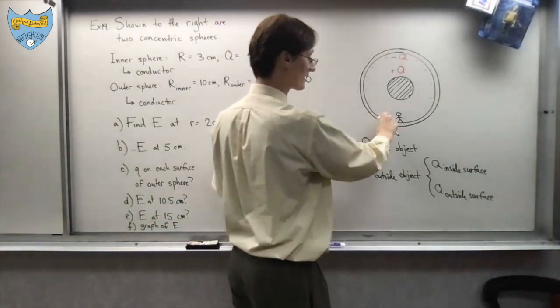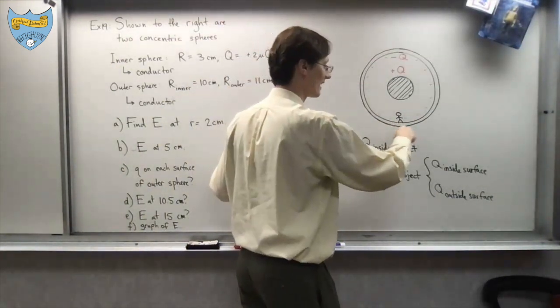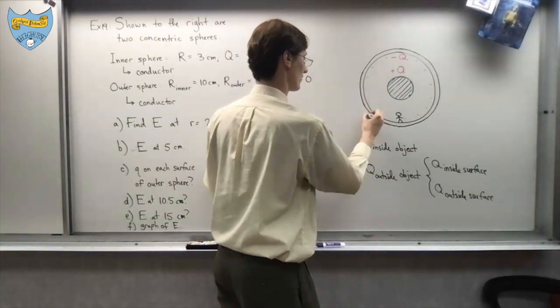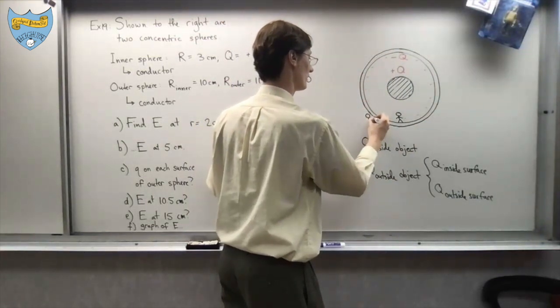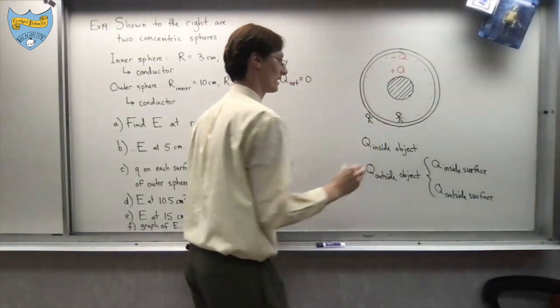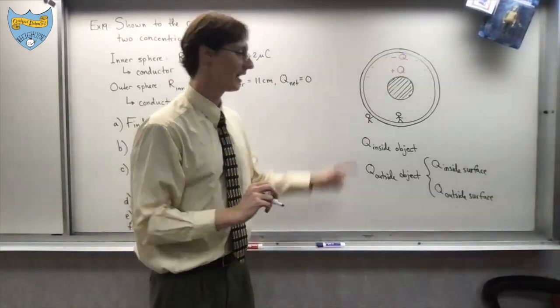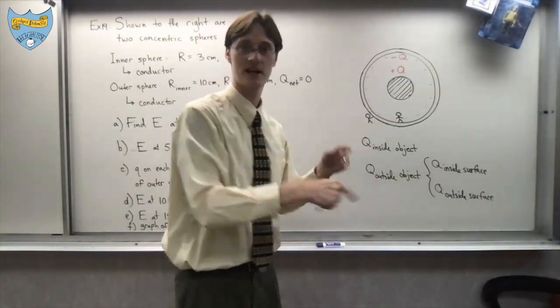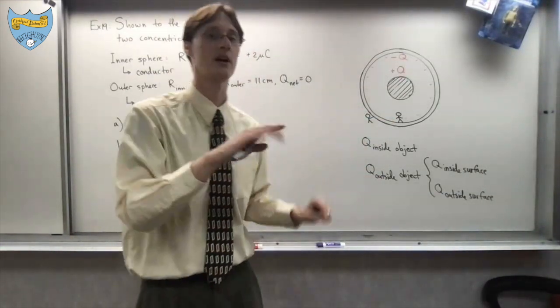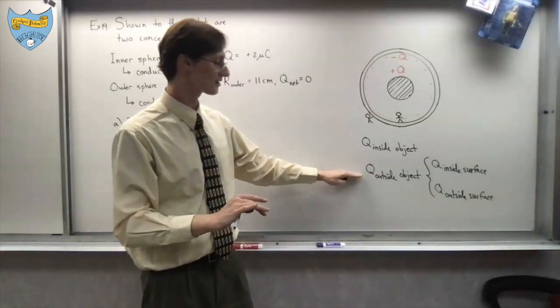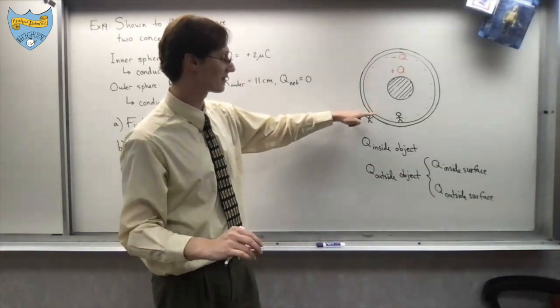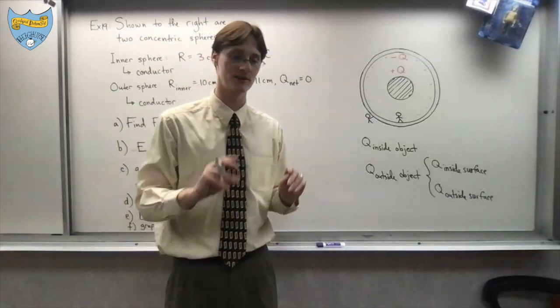And then this outside object also has an outside surface, which you could imagine someone standing on the outside with a really long arm touching it. The outside object has an inside surface and an outside surface.